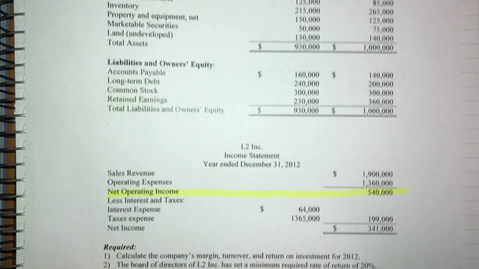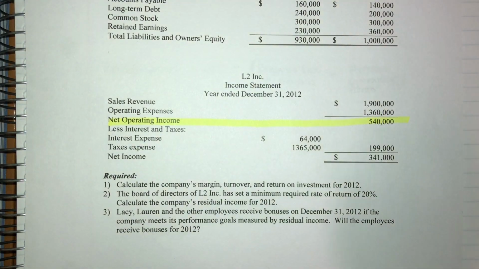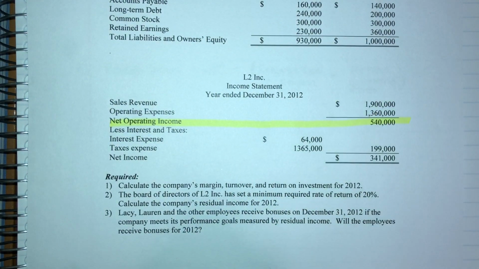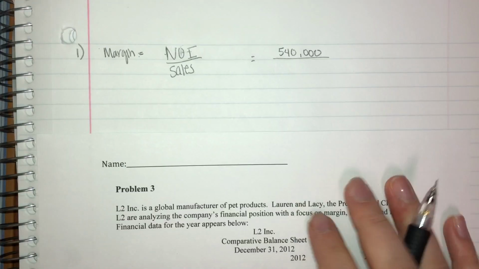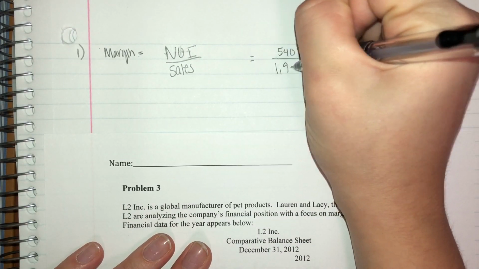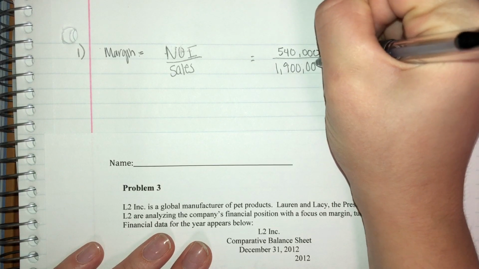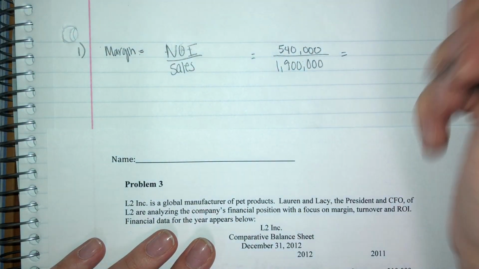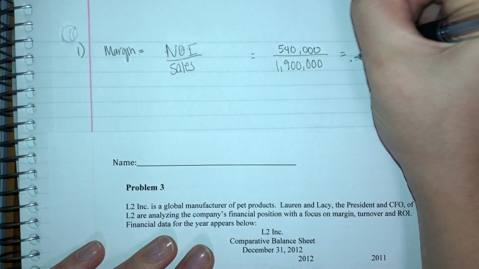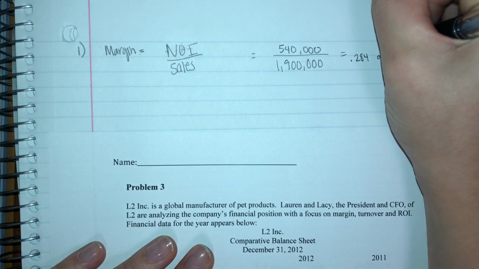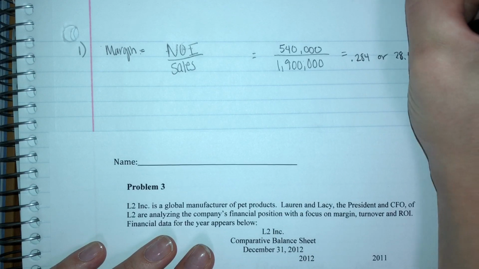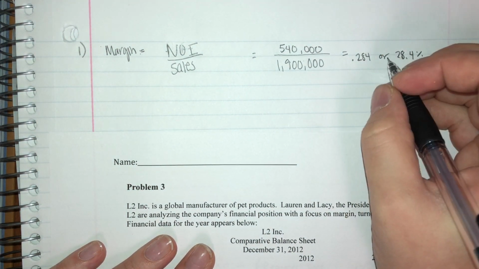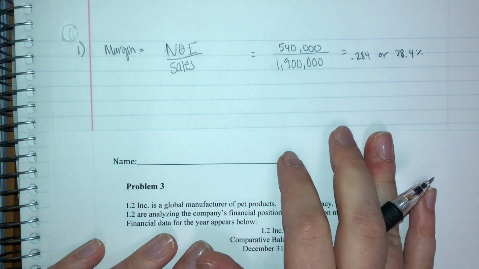My sales would be my sales revenue, that's this number, $1,900,000. I'm going to put that right here. That one's not too bad. We would just divide those, and I got either 0.284 or 28.4%. It doesn't really matter what you write, we'll be able to figure it out.